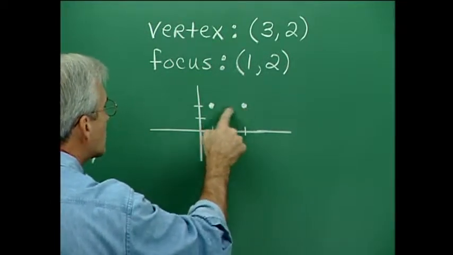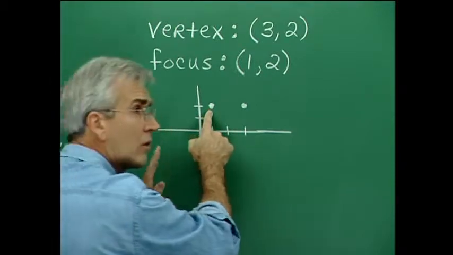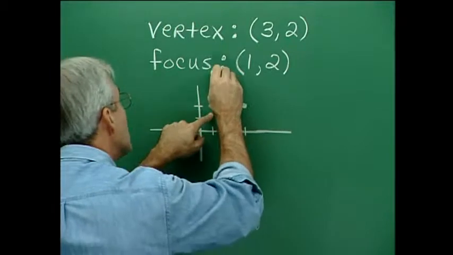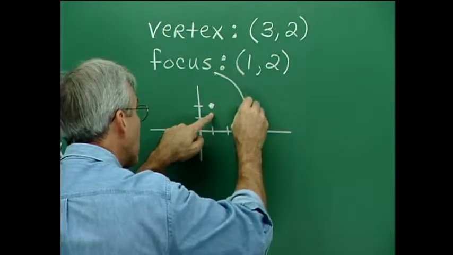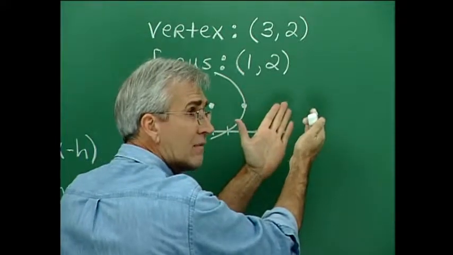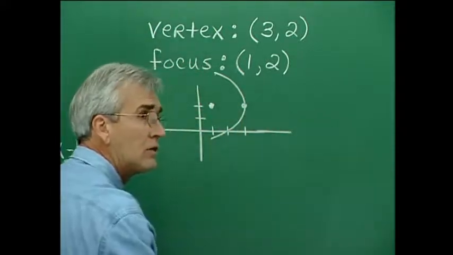We know that the curve tends to wrap around the focus. If that's the focus and that's the vertex, then we have this kind of behavior for the parabolic curve. We know that the directrix is out here, but we don't need that information in order to construct the equation.